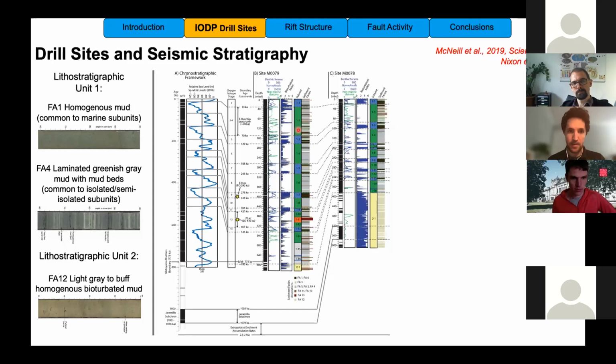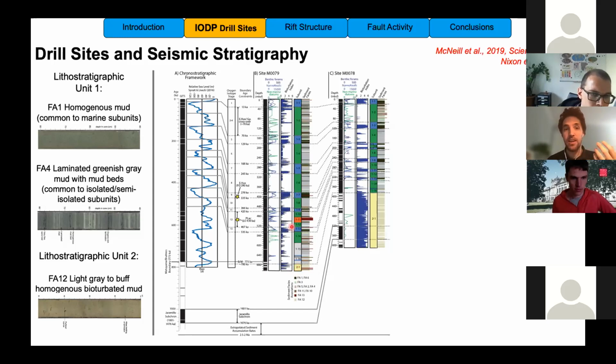And below this, in lithostratigraphic unit 2, we had this very homogeneous mud that was also thought to be deposited mostly in isolated conditions.